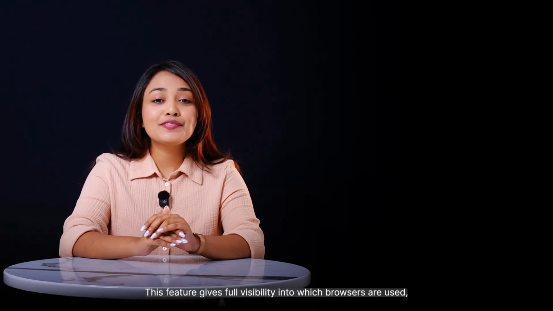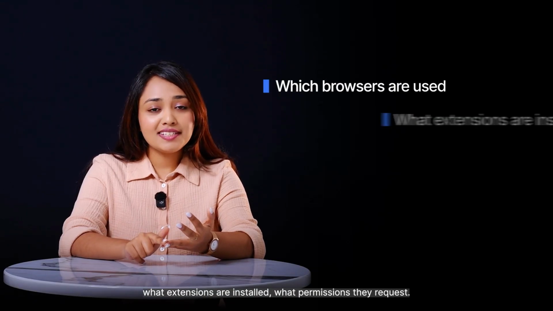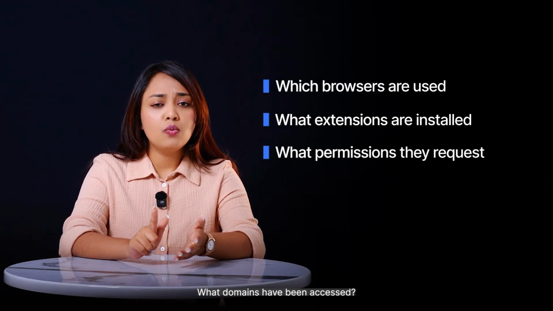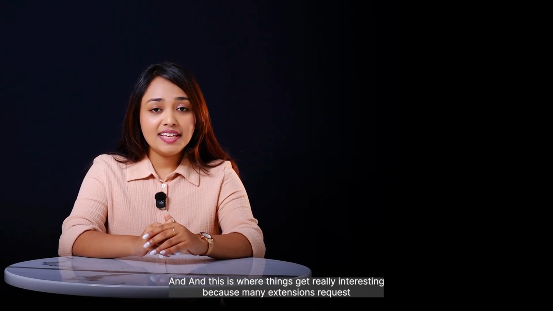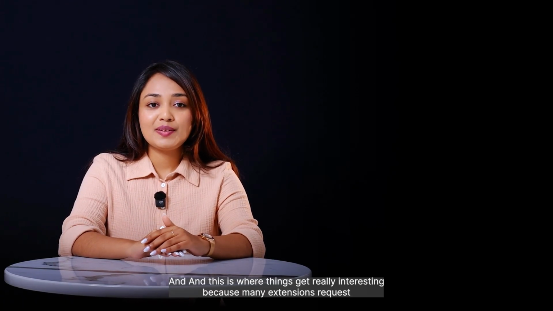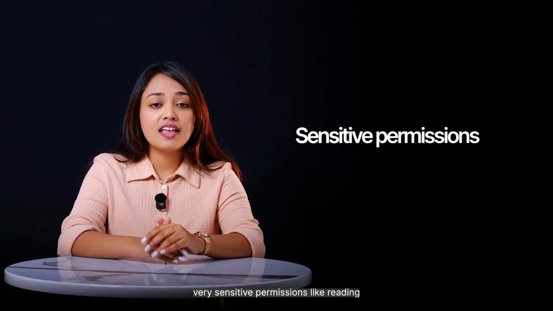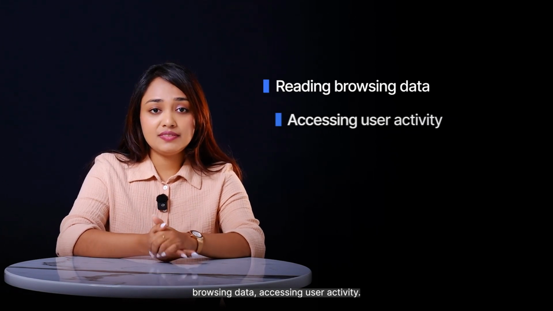This feature gives full visibility into which browsers are used, what extensions are installed, what permissions they request, what domains have been accessed. And this is where things get really interesting. Because many extensions request very sensitive permissions, like reading browsing data, accessing user activity.